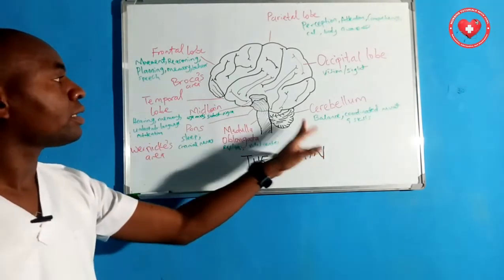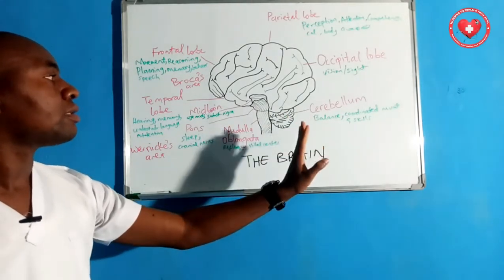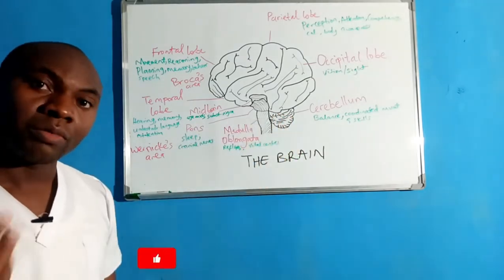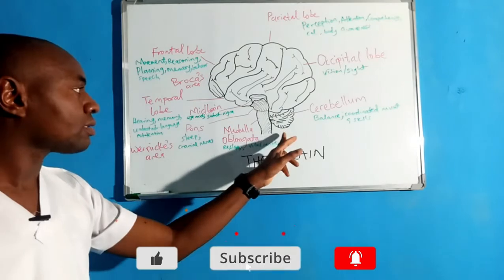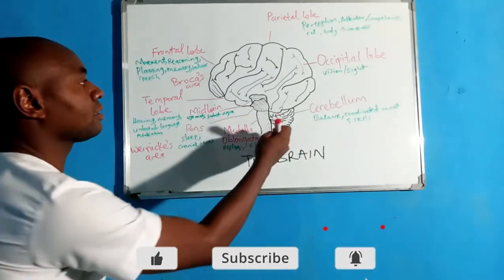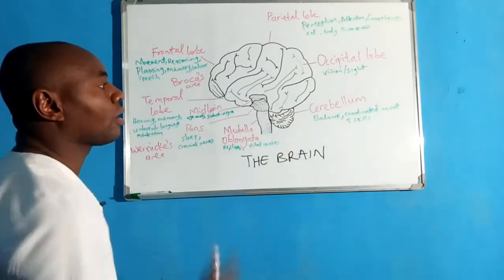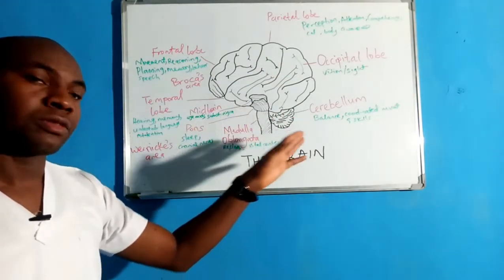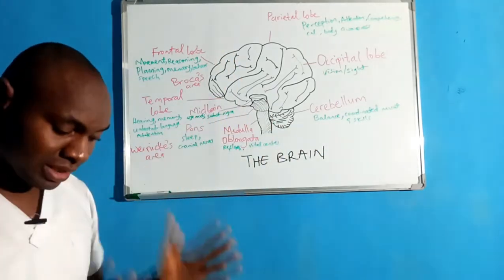Now, the final one is the cerebellum. The cerebellum is located just behind the medulla oblongata. And the Latin meaning of cerebellum is little brain. If you look at it, it's just as if it's a smaller version of the whole brain. Now, what are the functions of the cerebellum? The cerebellum controls balance. It helps us maintain balance.